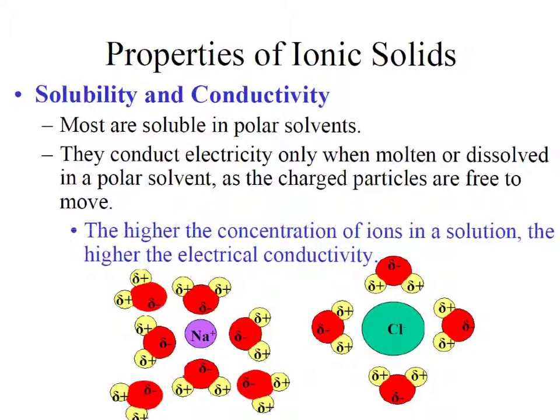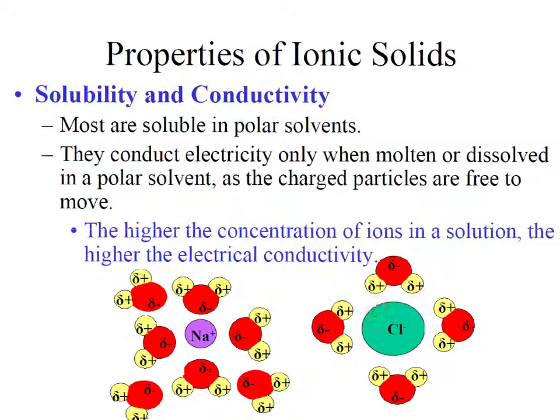And the last property of ionic solids is their solubility in water. So water is what we call polar, and what that means is, due to the unequal sharing of the electrons, the difference in electronegativity, the oxygen atoms in water have a slightly negative charge, and the hydrogens have a slightly positive charge. As a result, the positive charges of the cations are going to be surrounded by the water molecules, kind of pulling them apart.